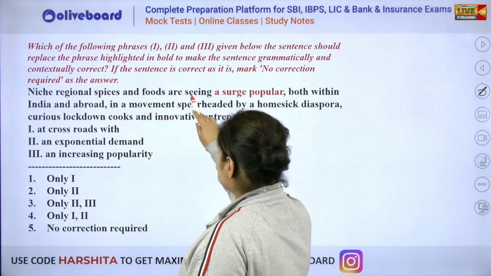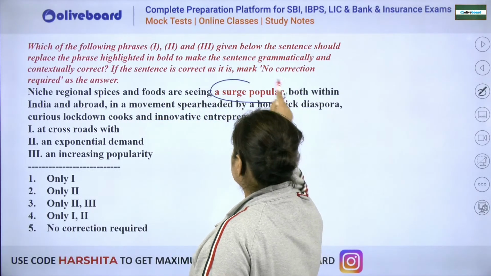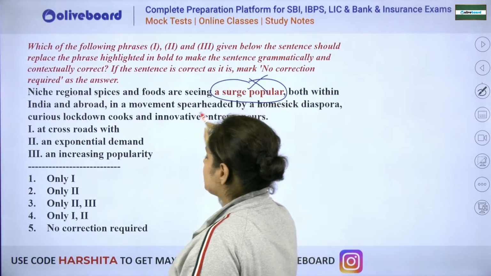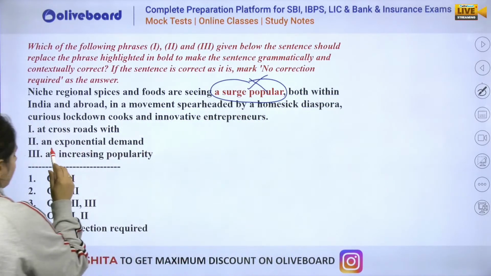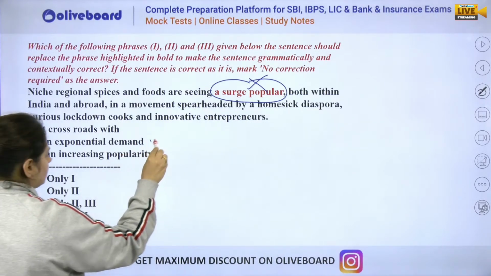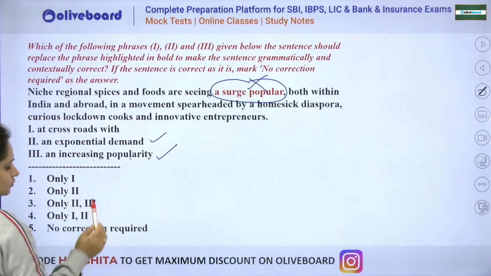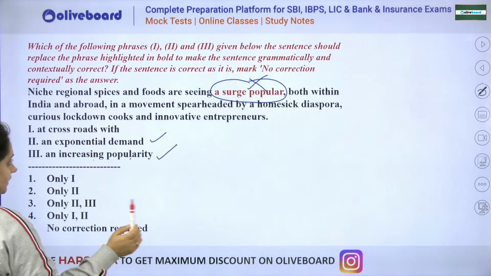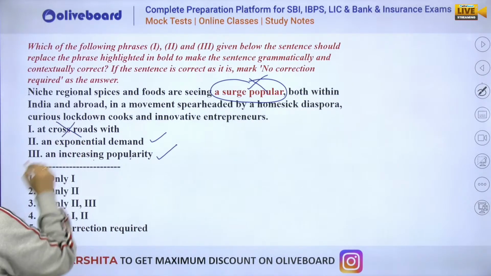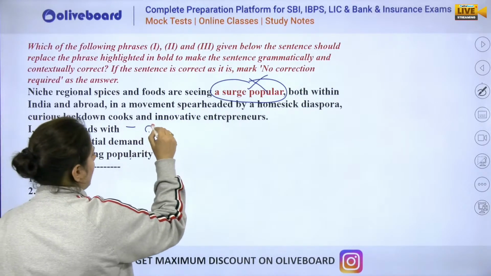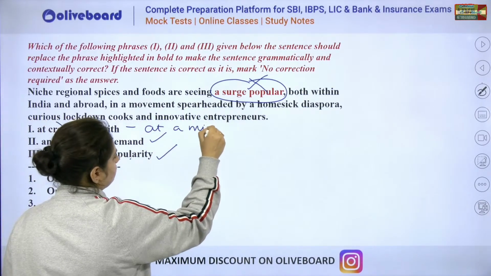Niche regional spices and foods are seeing a surge. "Popular" makes no sense. They are seeing an increase in demand, so an exponential demand. They are seeing an increasing popularity, a noun, and to describe the noun, the participle "increasing." You can't write "crossroads," this is a phrase. Okay, at a moment of decision making.